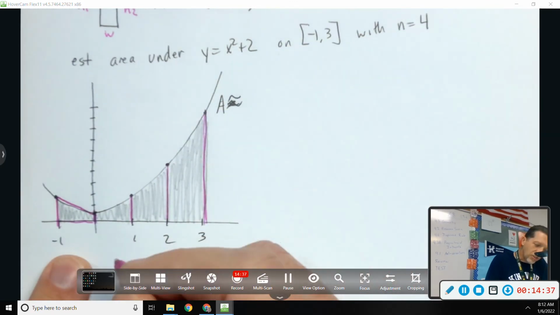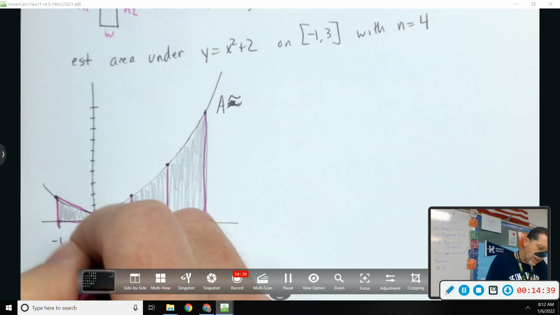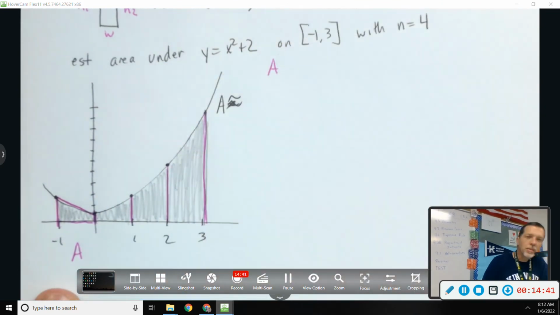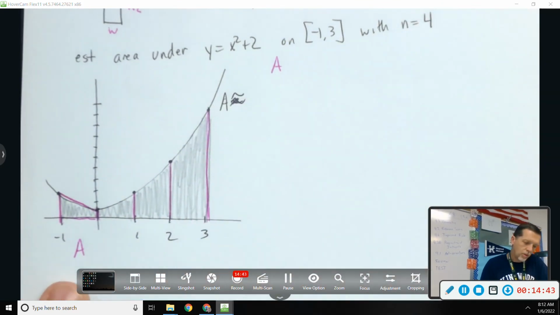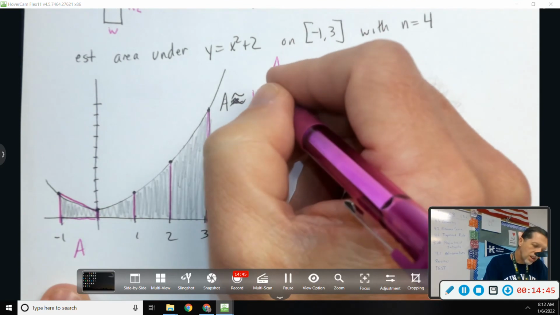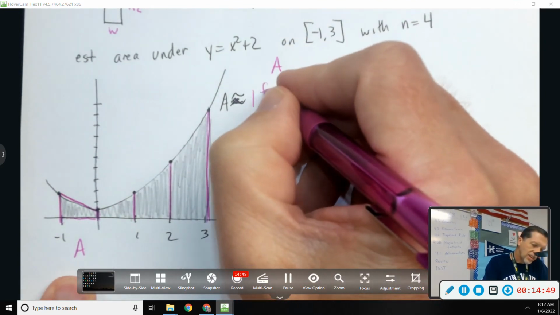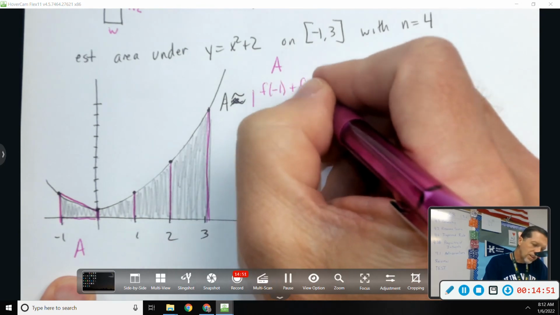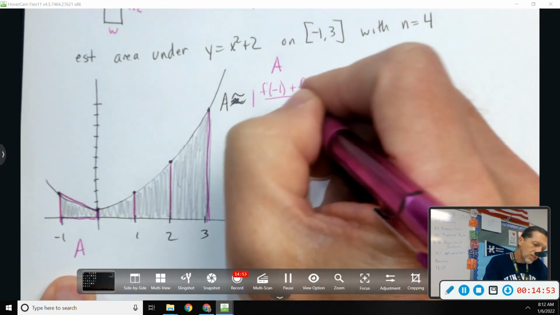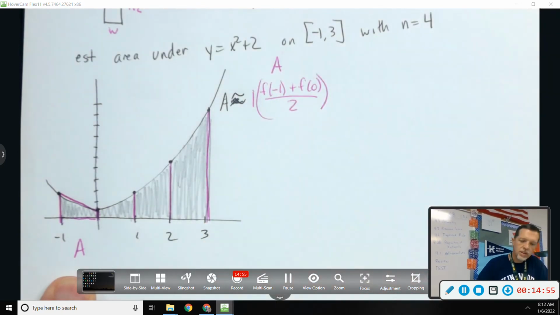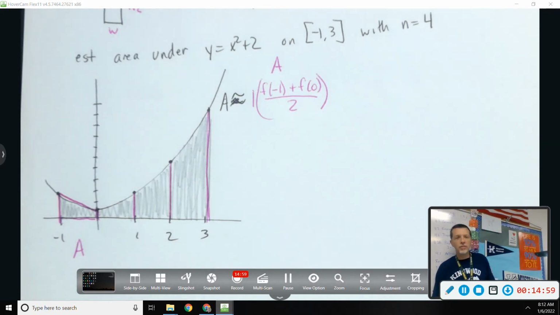So my first trapezoid, trapezoid A, if I'm going to label them here. Its width is 1, and its average height is the height at -1 plus the height at 0, all over 2. We'll plug in those later, but f of -1, f of 0.